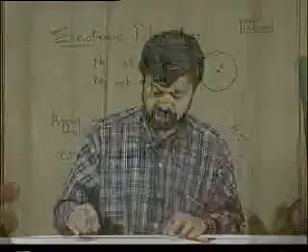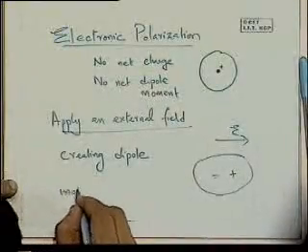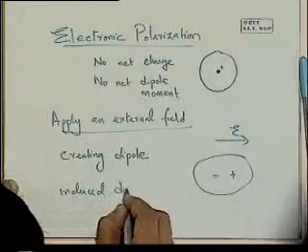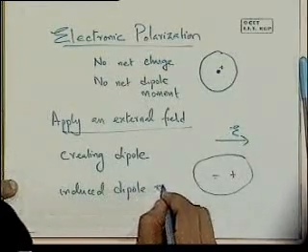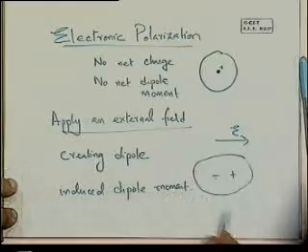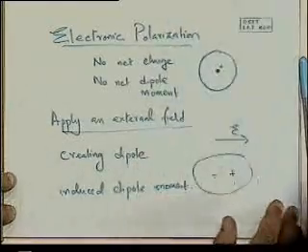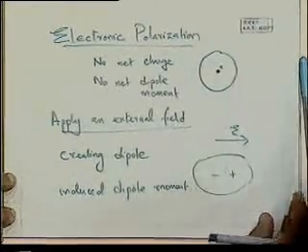So this is the situation after we've applied the field. The center of the negative charge is somewhere here, the center of the positive charge is here, and we've created a dipole. This is called an induced dipole moment. The P that is there is known as the induced dipole moment.